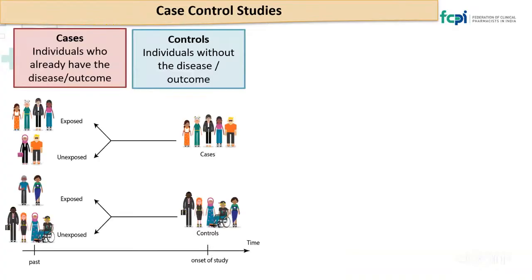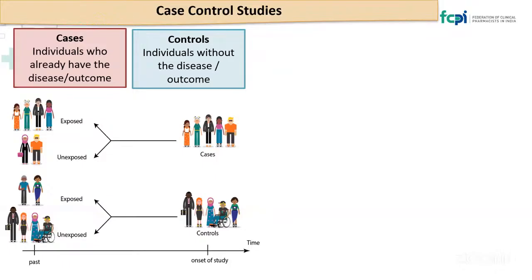Now the second type of analytical observational study is the case control study. So what is a case control study? Here we will recruit the cases, who are the individuals who have the disease of our interest, the outcome of interest.